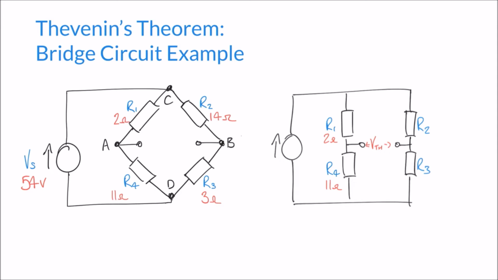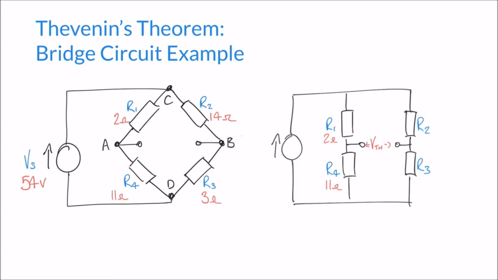We can use the potential divider rule to find the voltage at the midpoint here with reference to the ground plane. We're going to assume that this is our 0 point at the bottom here. And so the voltage at this point here is actually going to be the voltage across this resistor. It's the voltage between that point and ground, or 0, which is going to be the voltage across R4.